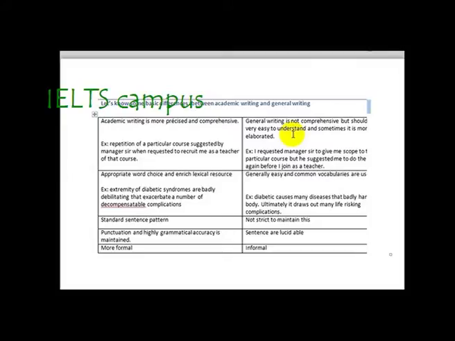Repetition of a particular course suggested by manager Sir when requested to recruit me as a teacher of that course.